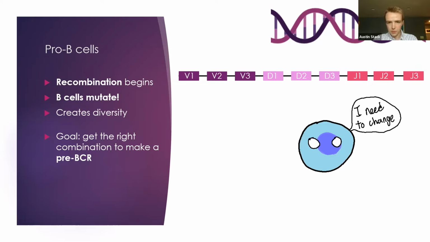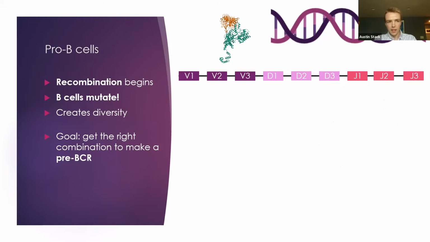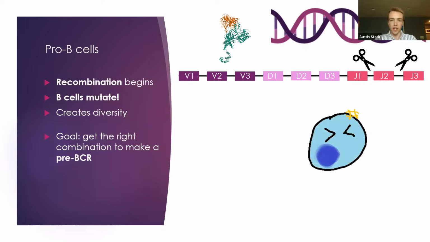Well, we get this protein here, starts getting expressed. It's called recombinase. And this moves along and basically starts to cut DNA in different segments. So it starts in J and D, and it can do it in many different combinations.